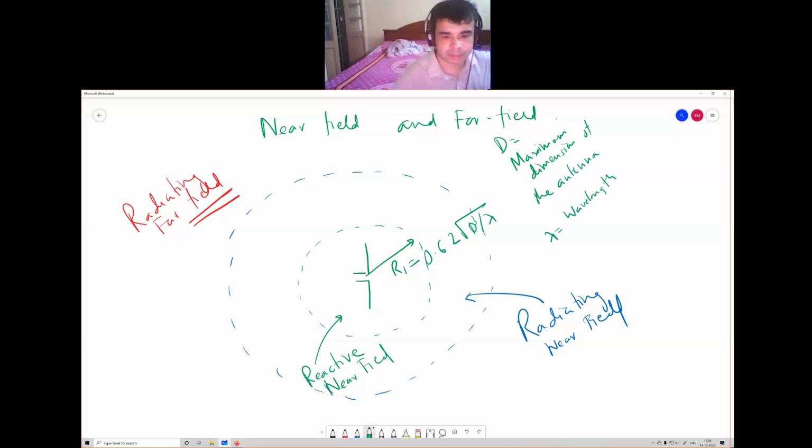And this radius is the famous R2, equal to 2D squared by lambda.